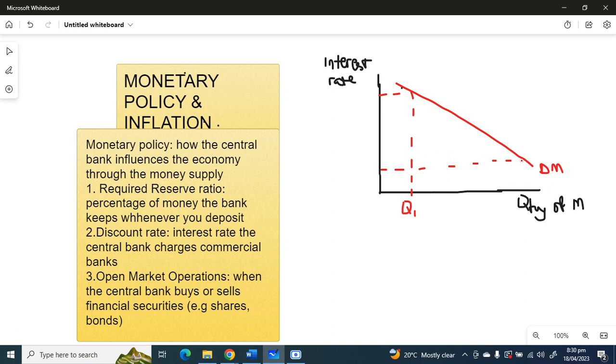Thus the quantity of money increases. Now we're okay with that, colleagues? Any questions before we go further?